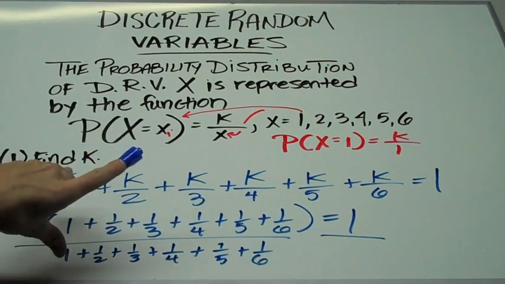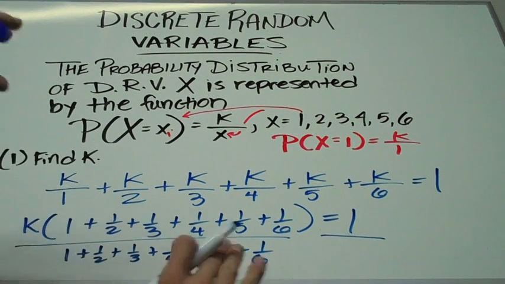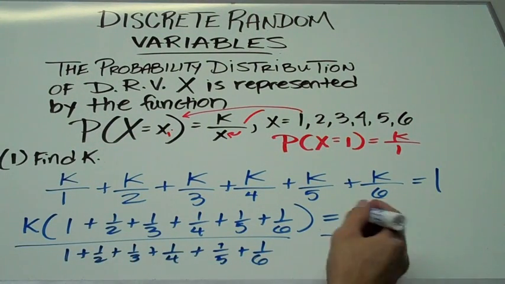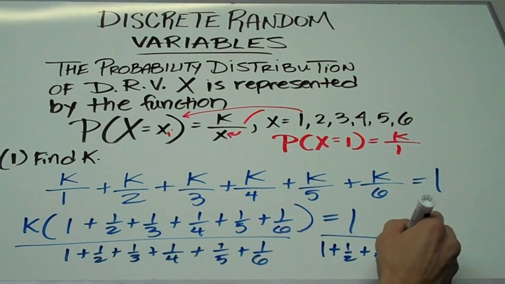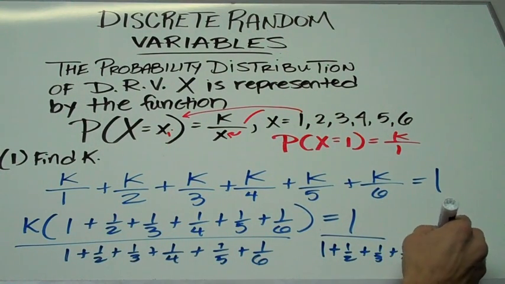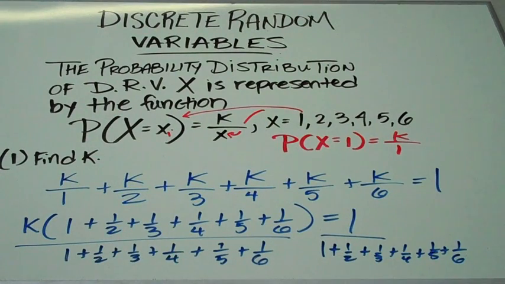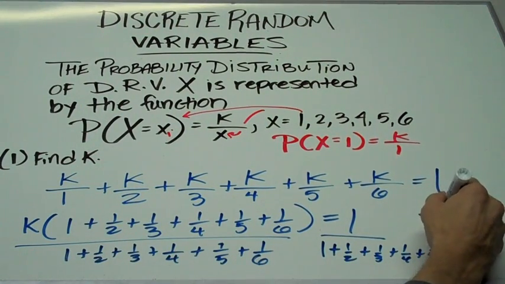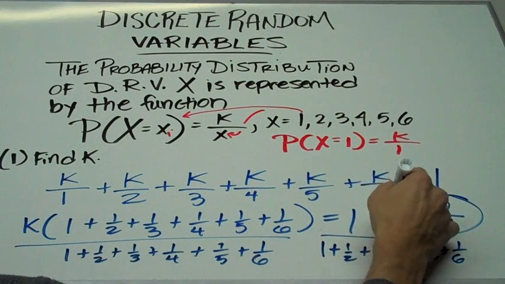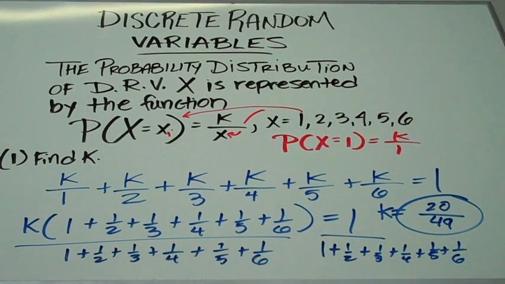If I want to get that under one fraction, the common denominator is 60. When I do that, I get a k value of 20 over 49.